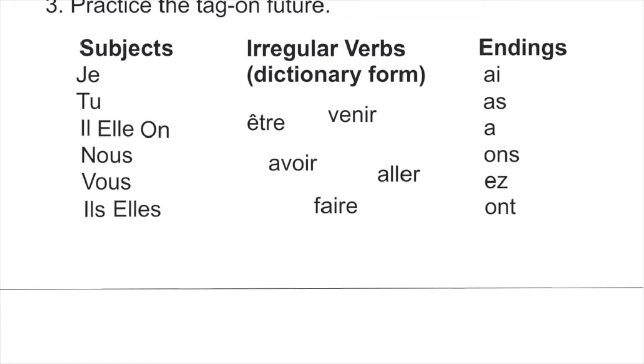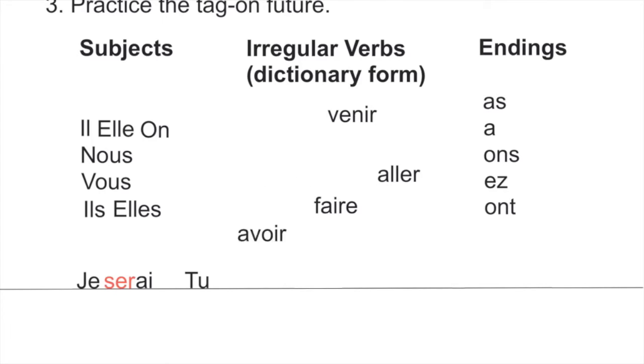How do they work? Well, we still pick one of our subjects. We pick a verb, but the part we tag the ending onto, what we call the stem, is actually now going to be different. For être, it is ser. And then we tag on the ending we need. So the tag-on future of être, using je as a subject, is je serai, I will be. For avoir, the stem is aur.